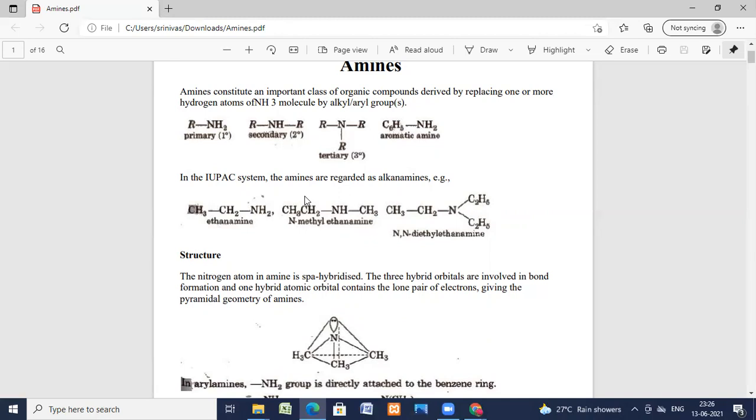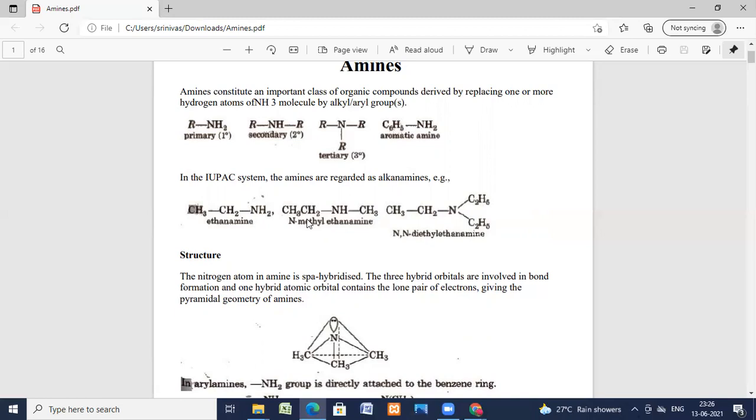If one methyl group and one ethyl group are present, that is methylethylamine. If three methyl groups are present, that is trimethylamine. If an isopropyl group is present for the amine, that is isopropylamine. This is the common system.